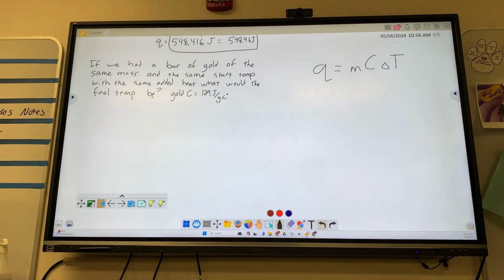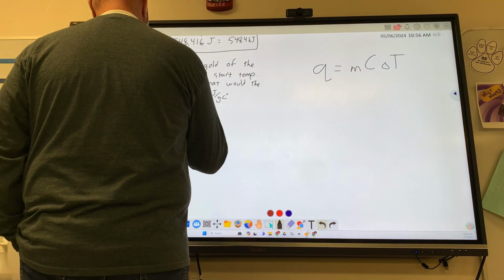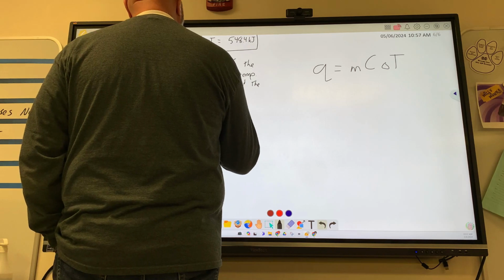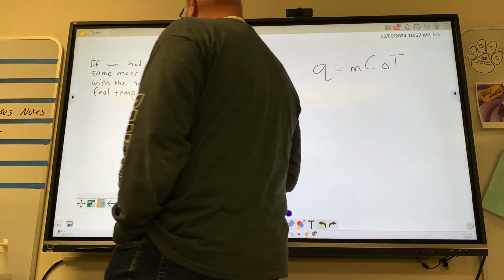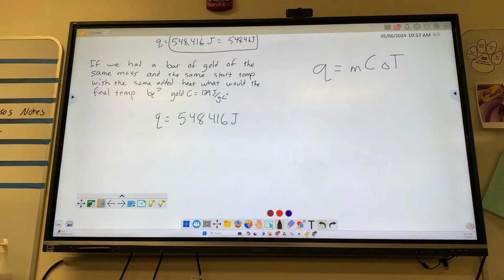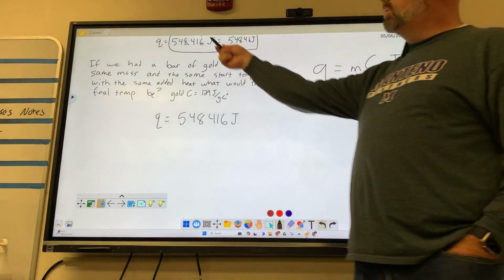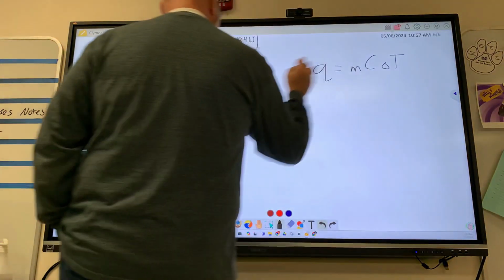What's our Q? It's the same heat. Look at the question. We had the same added heat as the water. That water heat was up here. That's what we solved for last time. What is our M? 16.